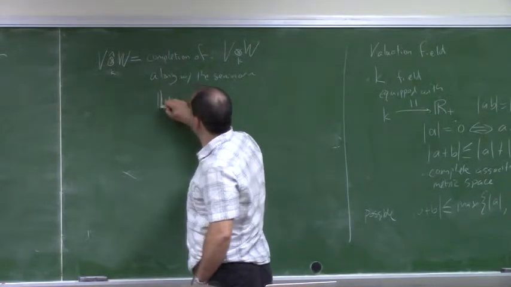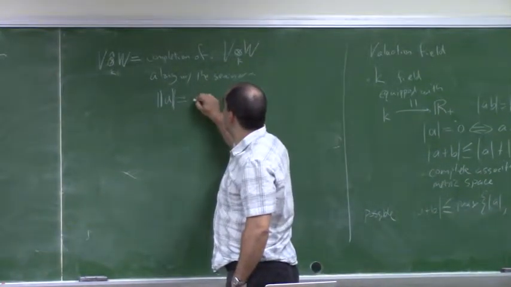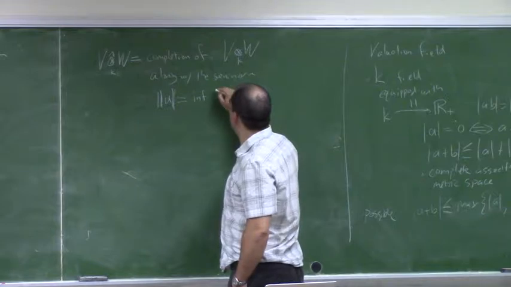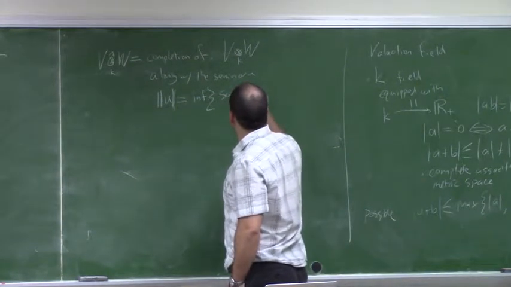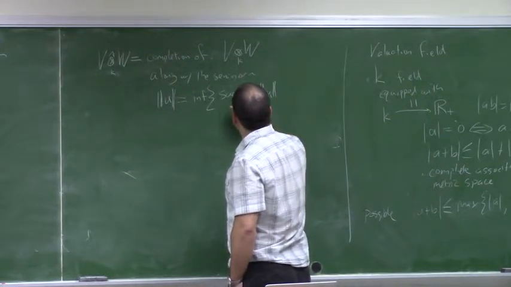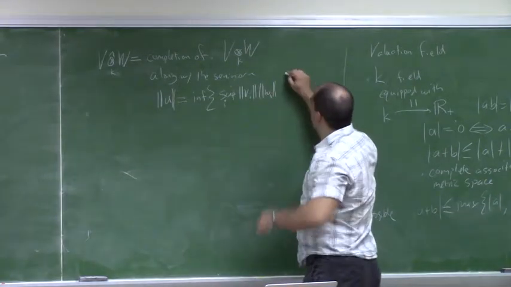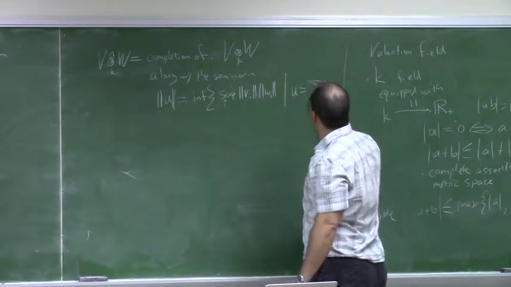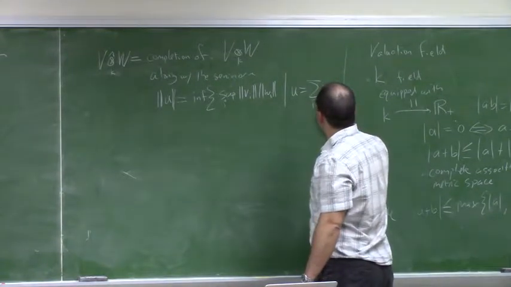So the norm of an element u is the infimum over all possible finite expressions.